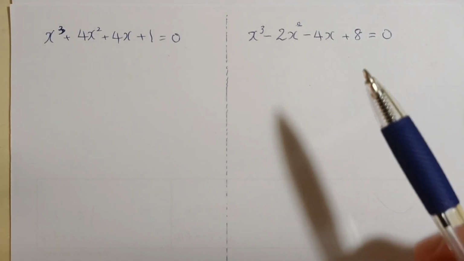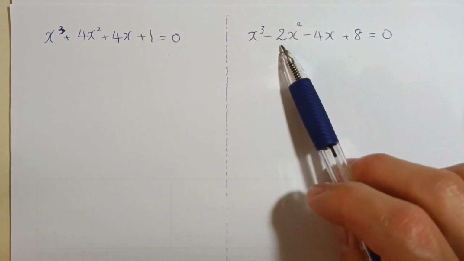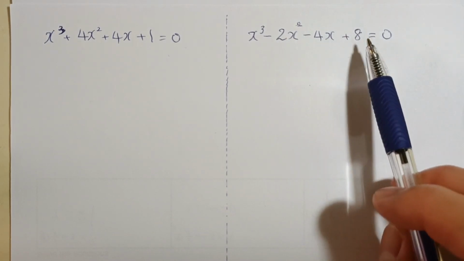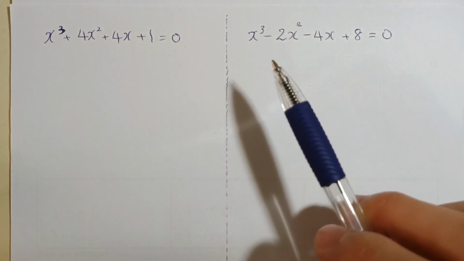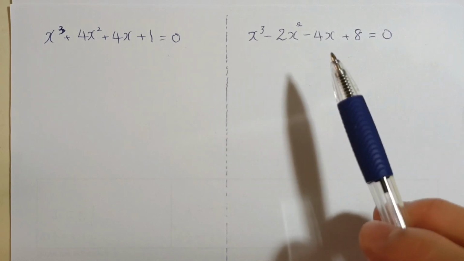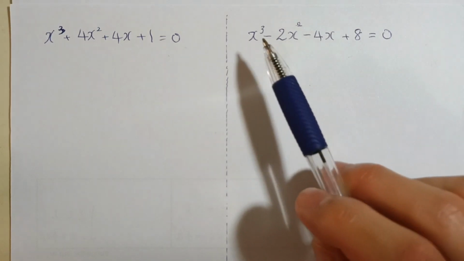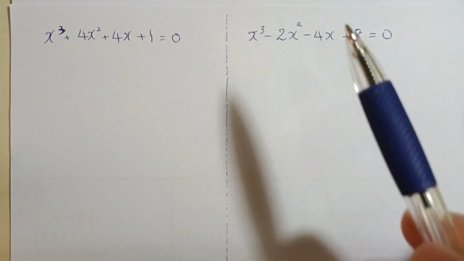Then I would see this is 2, 4, 8, multiples of 2. So my first option is 2. I try to think of 2 or negative 2 to substitute instead of x. Okay?